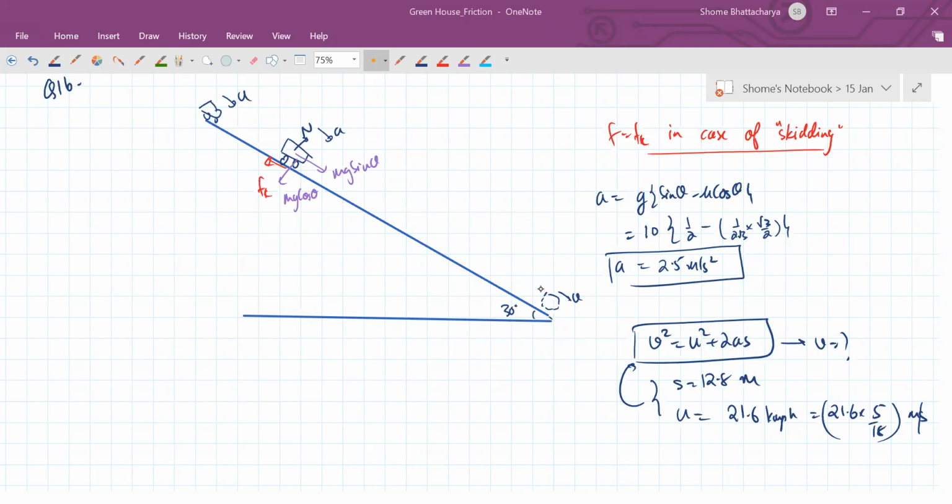So this is not a real life application. In the case of the actual tires, the rubber material is such that the coefficient of friction is much more. So in that case, the frictional force can exceed the mg sine theta component. And the other thing is in real life, 30 degrees is a very steep incline.